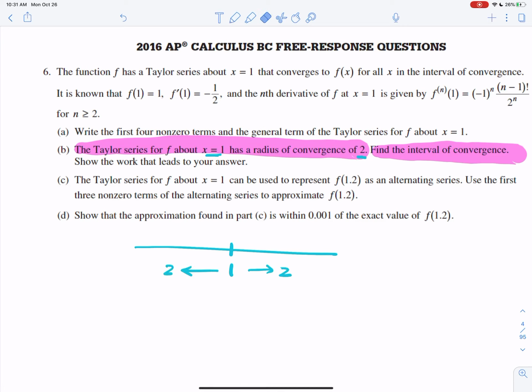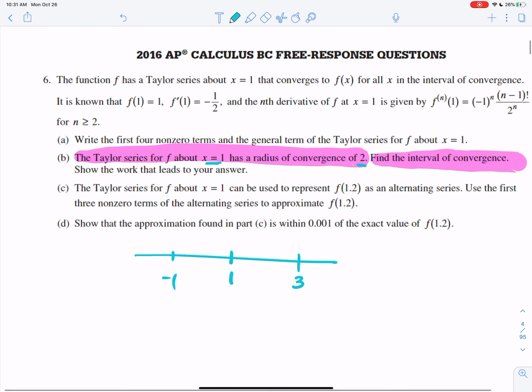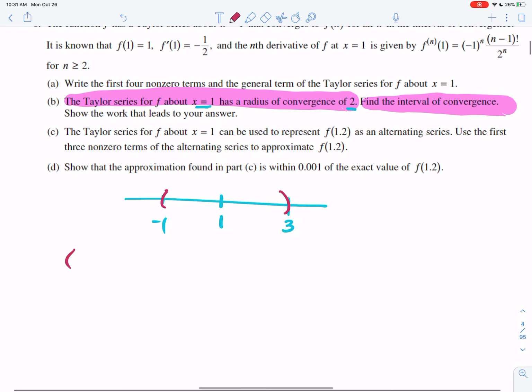Okay? So you would be going as far out as 3 and to -1 if you're pushing 2 units to the right and 2 units left, okay? So this is your interval of convergence right here. This is your interior, -1 to 3.